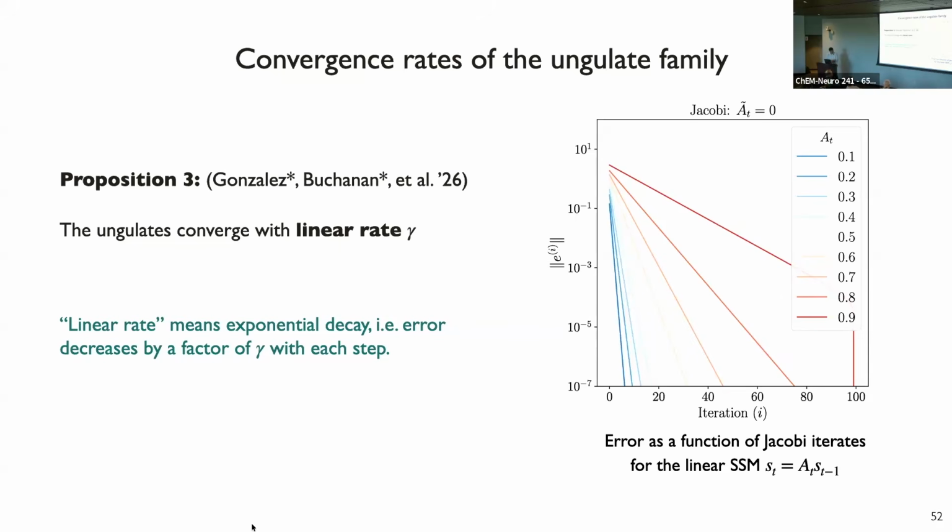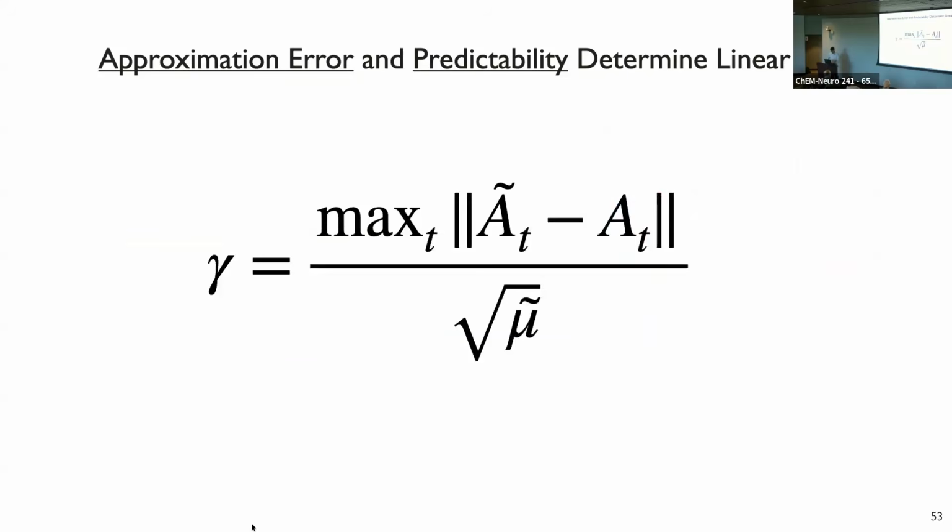But as I make the true dynamics very different from the approximate dynamics, by increasing it in red, we're seeing that the rate of decay is slowing down. It's becoming flatter.